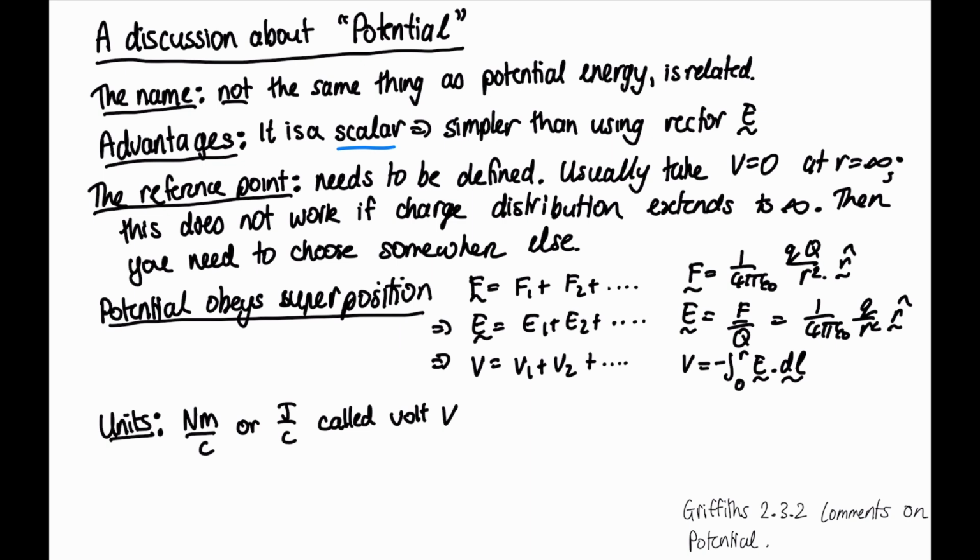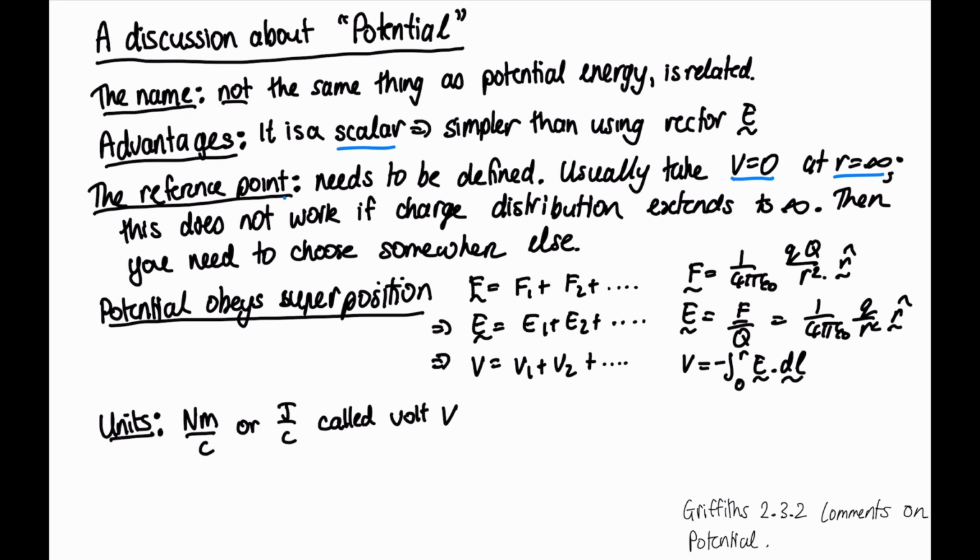Now, it's important that we define our reference point. Generally, we take the point with zero potential at an infinite distance from the source, and we can then define what the potential is at each point relative to that point an infinite distance away. This is what we usually do, however, not in every single case, because sometimes this just doesn't work.